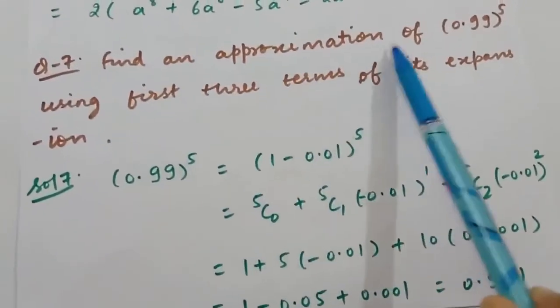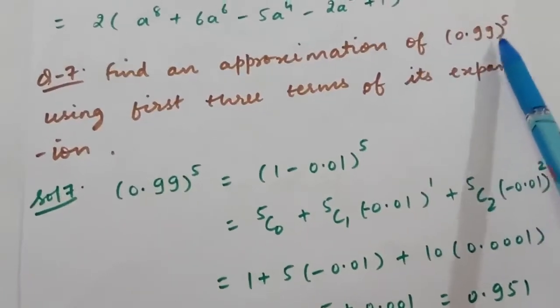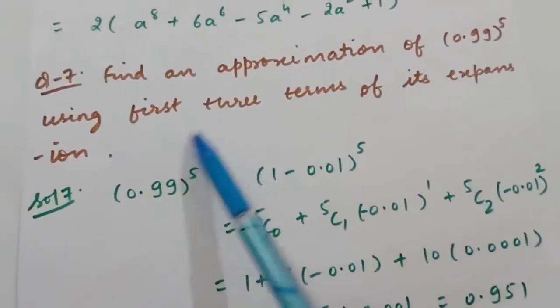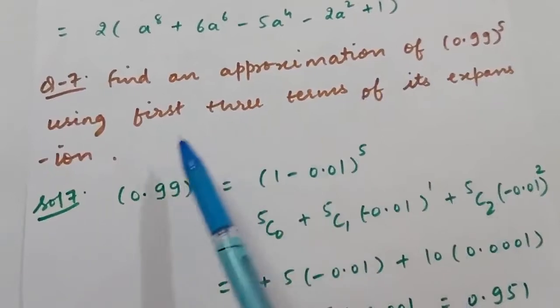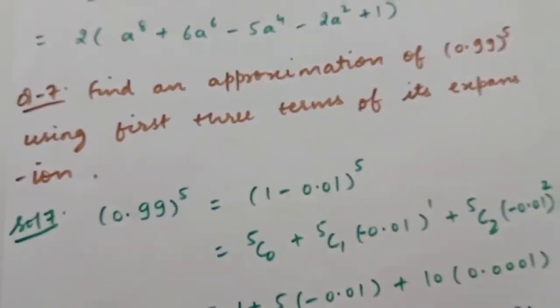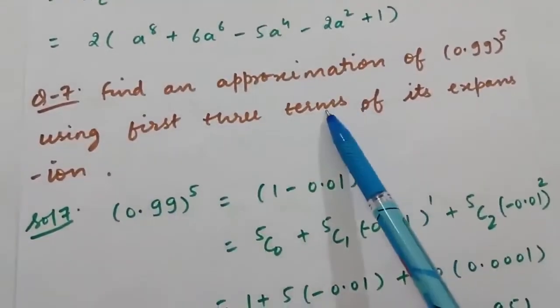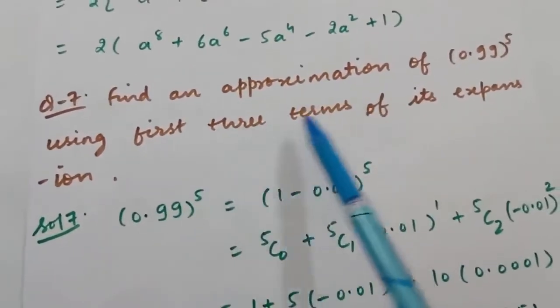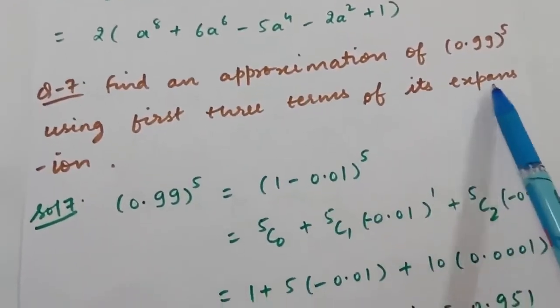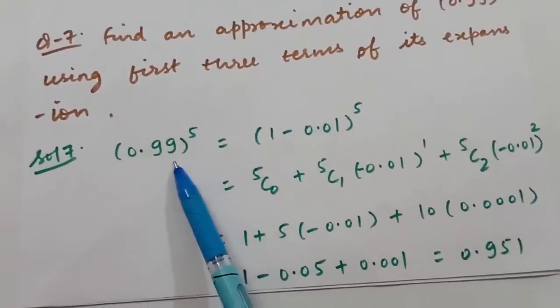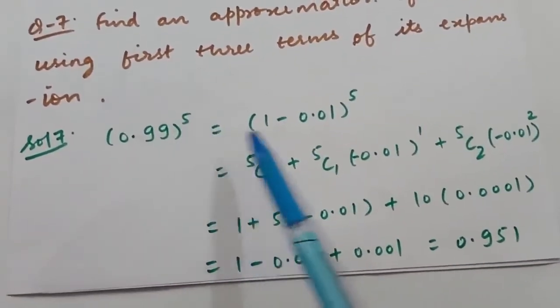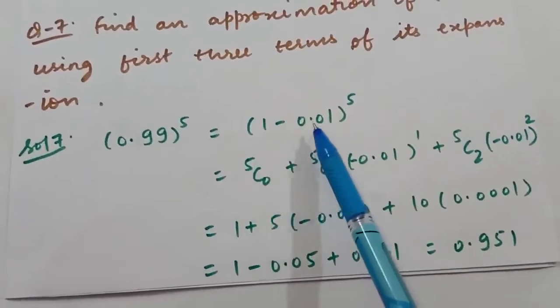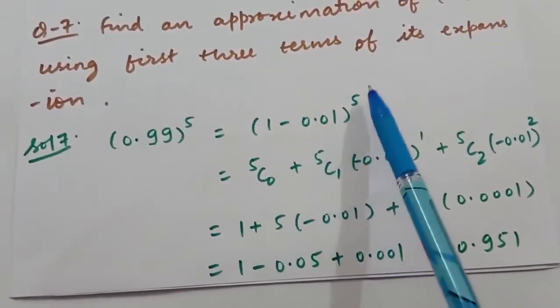Find an approximation of 0.99 raised to the power 5 using first 3 terms of its expansion. So we don't have to calculate the value of this. They have just asked for the approximation value by using just first 3 terms of the expansion. So write this 0.99 raised to the power 5 as 1 minus 0.01 raised to the power 5.